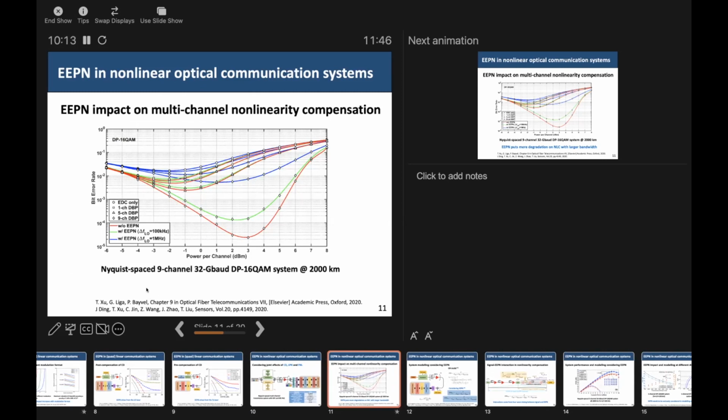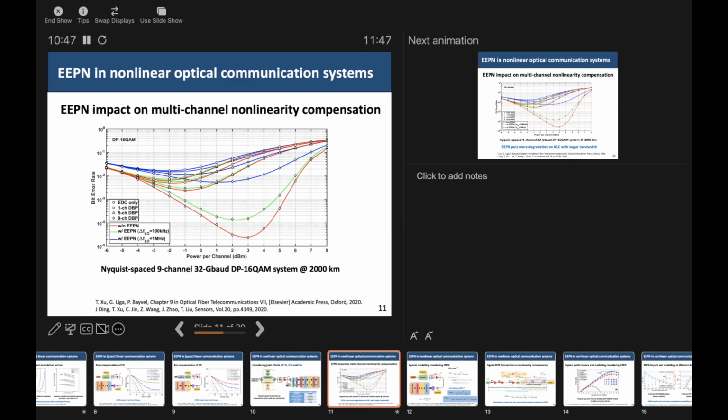This work is based on simulation, where we have 9-channel forward propagation in the fiber, and we do digital backpropagation, the fiber nonlinearity compensation, with 1 channel, 5 channels, and 9 channels, which means we compensate a small portion, a larger portion, or the whole portion of the fiber nonlinearity.